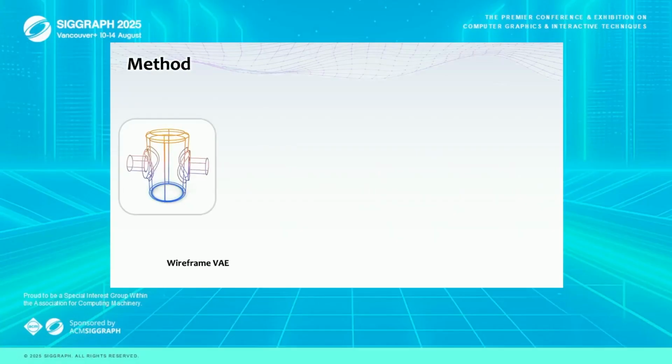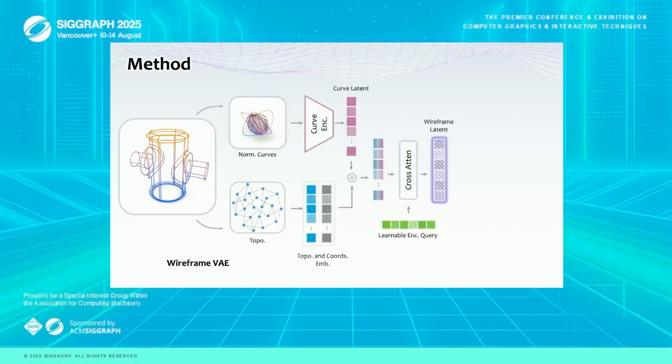Now let's walk through our method, which consists of an encoder and a decoder. In the encoder stage, we start by encoding each normalized curve to get its curve latent. At the same time, we encode the coordinates of the curve's endpoints along with their topological connections. These two embeddings are fused into a structure-aware representation.